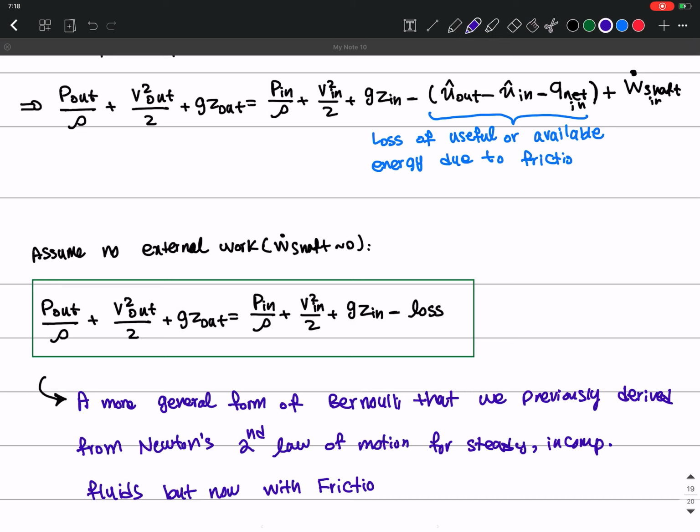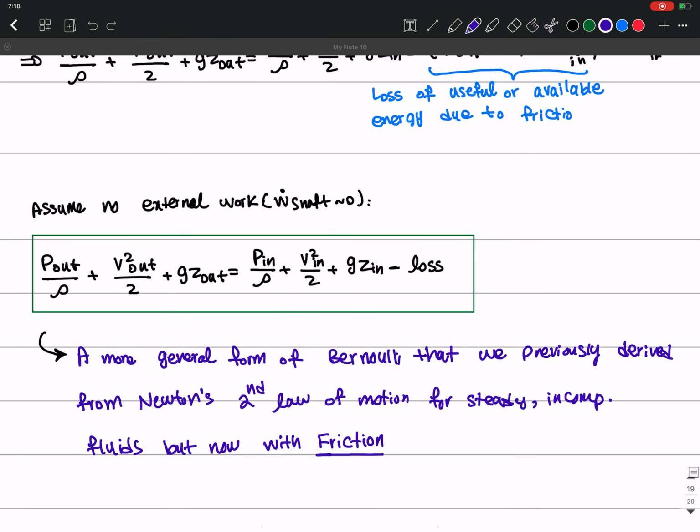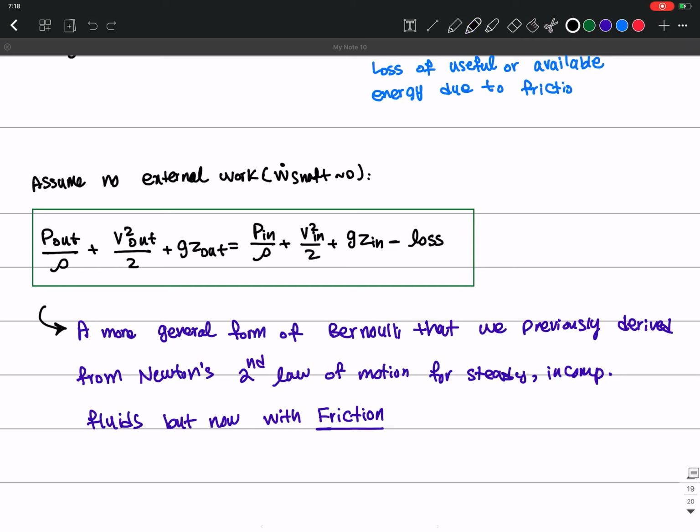But this is a more general form of Bernoulli that also accounts for frictional force, which is this last term in the system that you also account for, okay? So Bernoulli is only valid for inviscid, which means no viscosity, fluids.